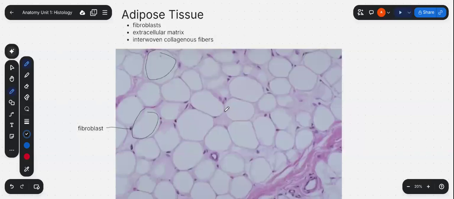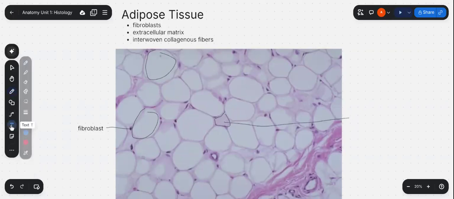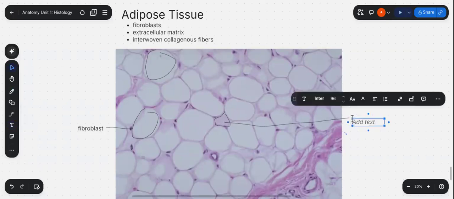So you can see over here, there is a little segment of pink in the center. This could be considered your extracellular matrix because that segment of pink is not an adipose bubble tissue. Extracellular matrix.